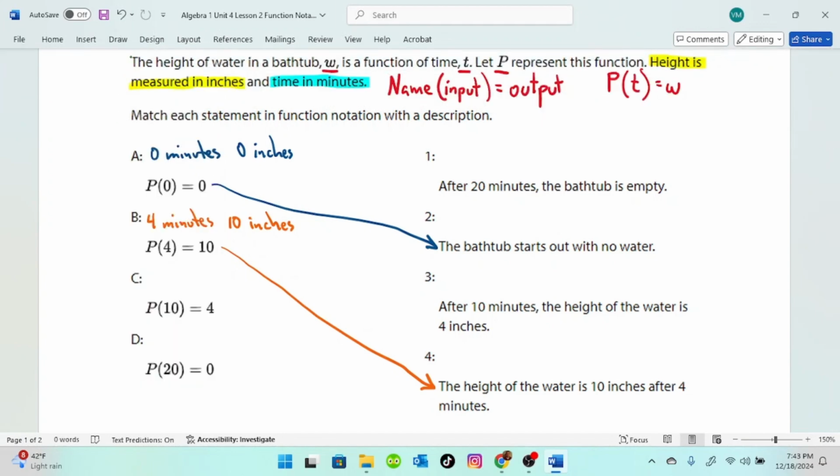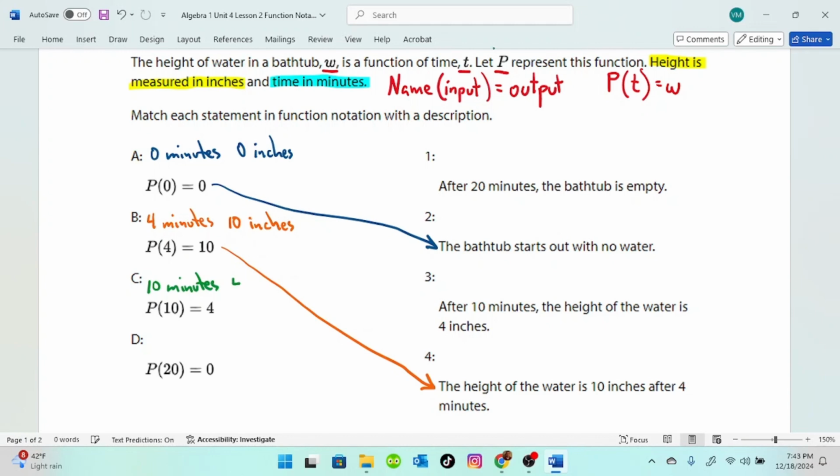Now we look at C. P of 10, 10 is the input, that is time, and time is measured in minutes. So 10 minutes equals 4. 4 is the output, that is W, which is the water height measured in inches.